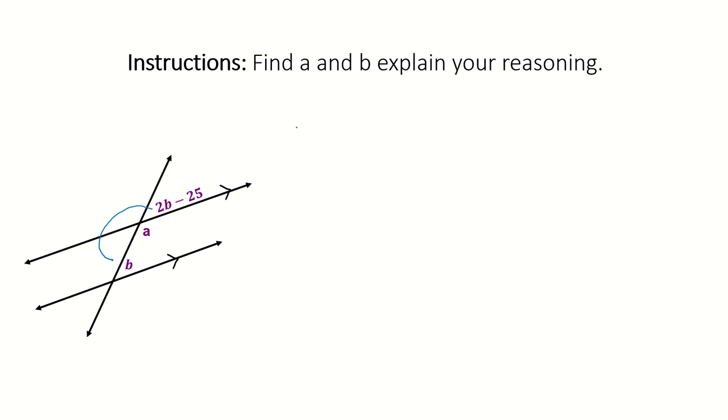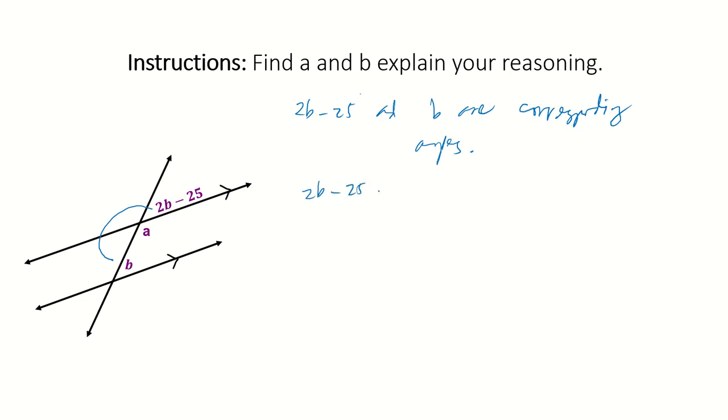Both are on the same side. Therefore, 2B minus 25 and B are corresponding angles, and corresponding angles are equal.